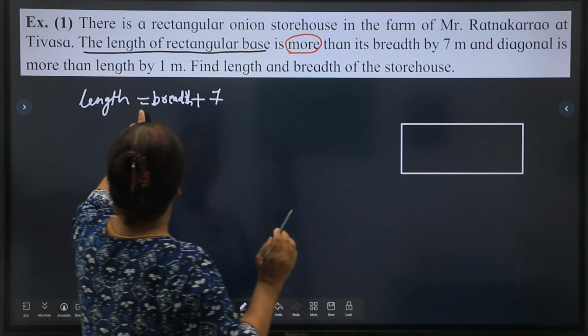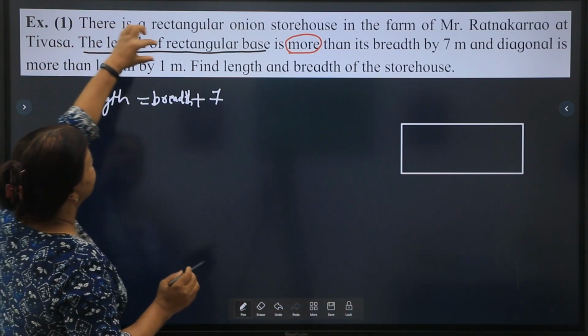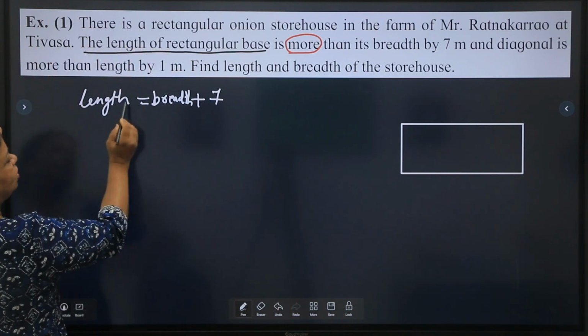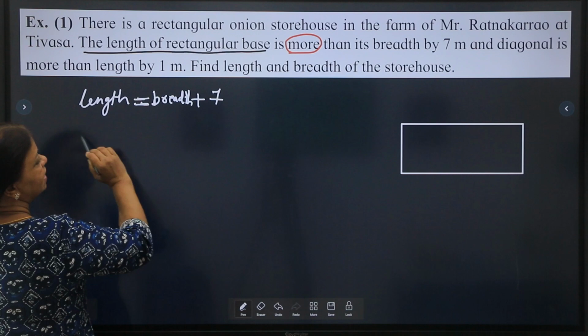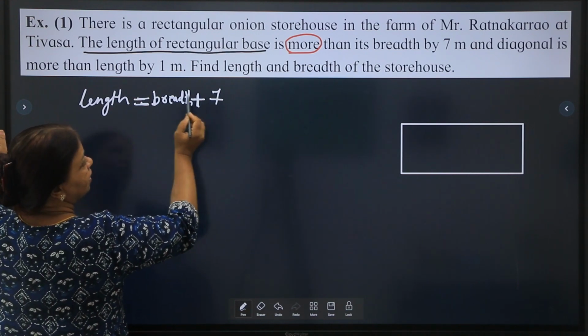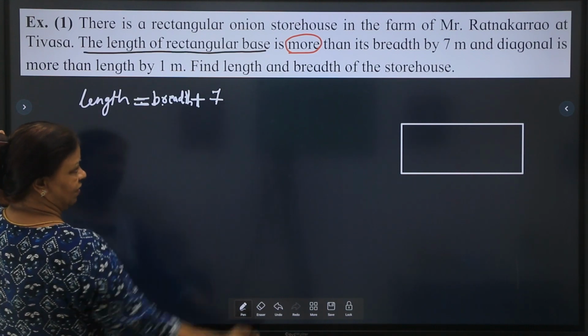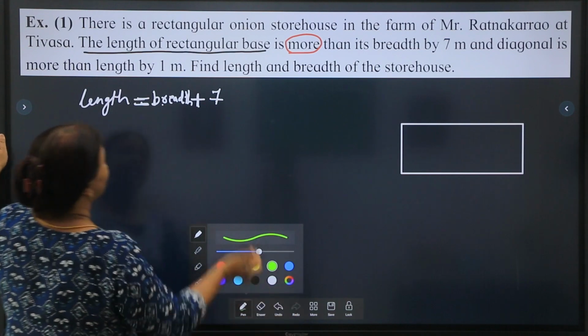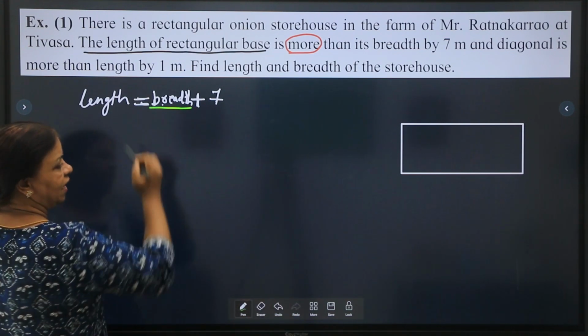See, the same English sentence is converted into maths. Length of rectangular base is, more means plus, than its breadth by 7. So let us assume let the breadth be x.